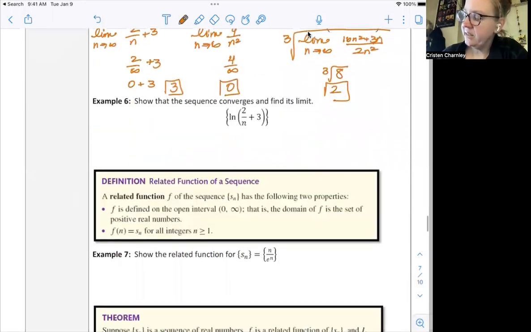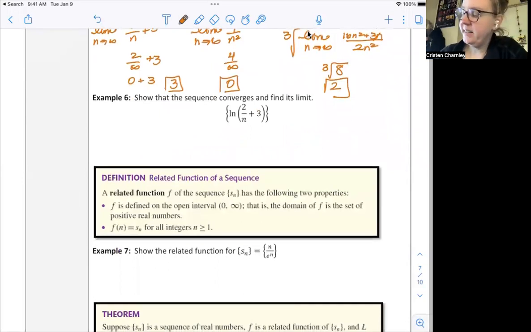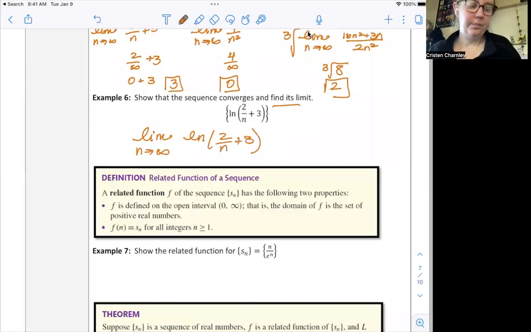All right, example 6, show that the sequence converges and find its limit. So we want a limit. And the limit to where? We're headed to infinity. As n approaches infinity, the natural log of 2 over n plus 3. Well, you can actually bring the natural log to the front.